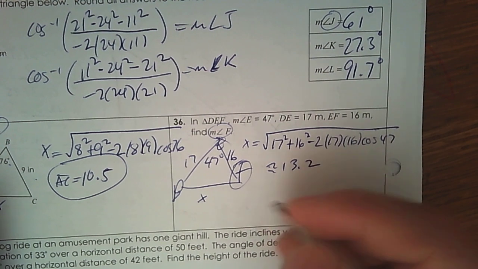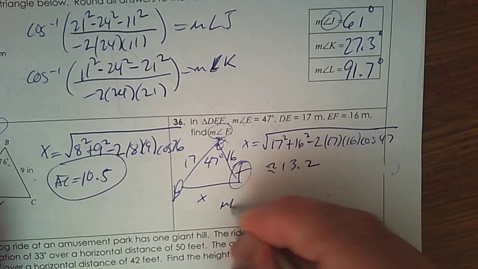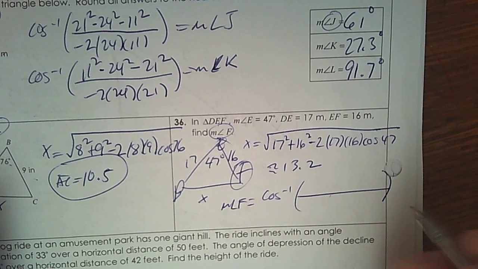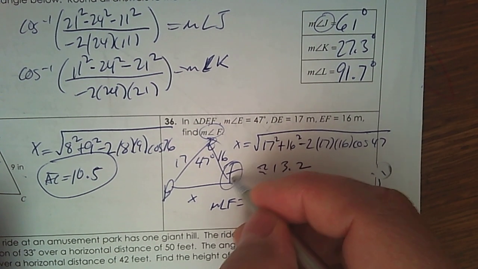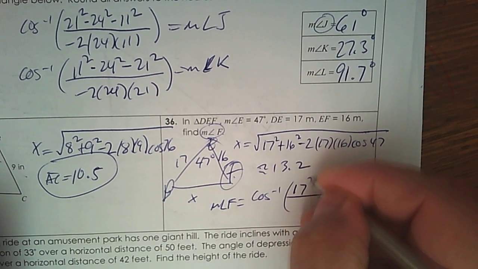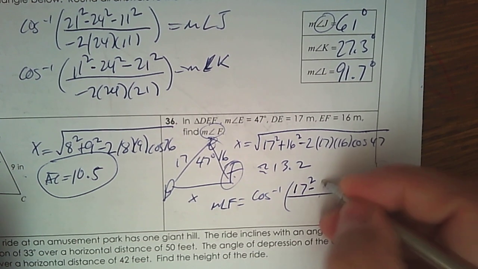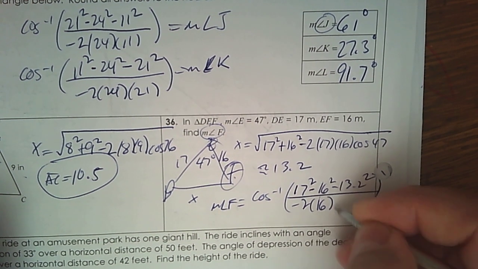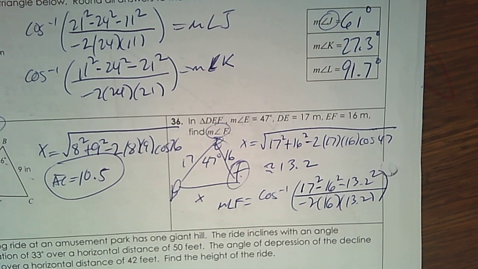Now I'm going to use that then to find this angle. So if I want to find the measure of angle F, it's inverse cosine, big fraction, and then I have to write down, first of all, what's opposite of F? 17, and then the other sides, which are 16 and 13.2, and then the denominator is -2 and 13.2. So type this in.